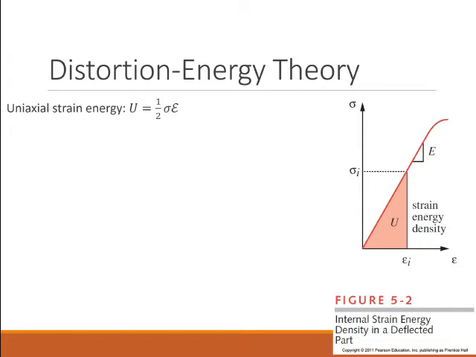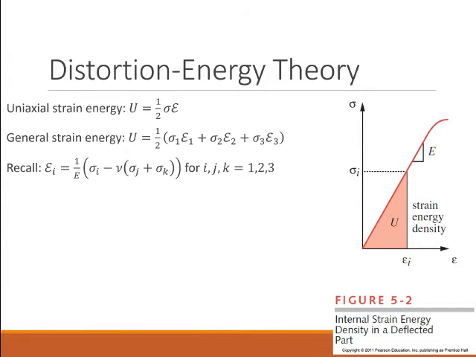If we're in the elastic region, then this is just integrating a triangle. Then we can generalize this for sigma 1, sigma 2, and sigma 3. If we recognize that the relationship of stress to strain obeys Hooke's law, we can get a generalized equation for the strain energy as it relates to the principal stresses on a given element.